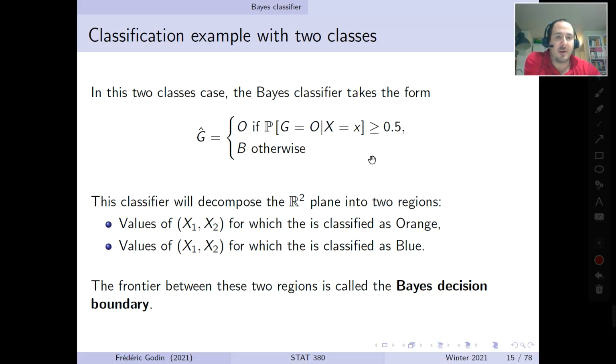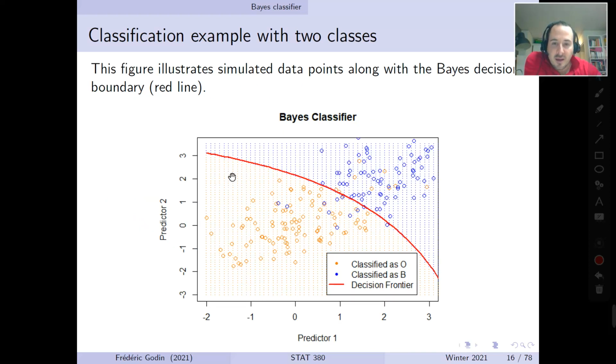Here in this region at the bottom left, for all these points, the probability of being orange was greater than 50%, whereas in that region, the probability of being blue was more than 50%, and here the decision boundary, the frontier where the probability of being blue or orange is 50%, is provided.